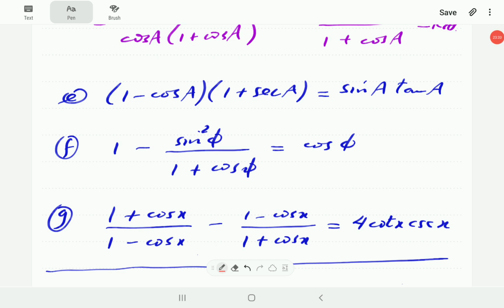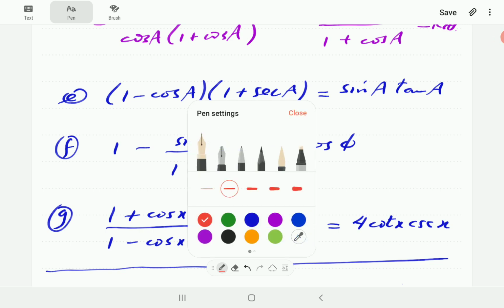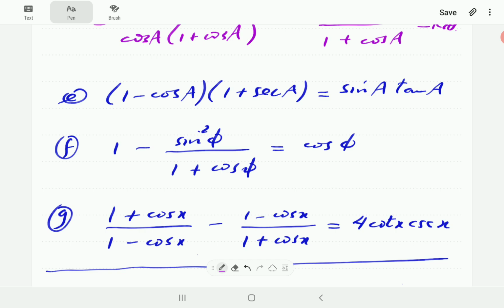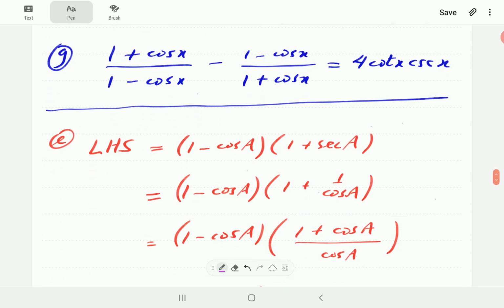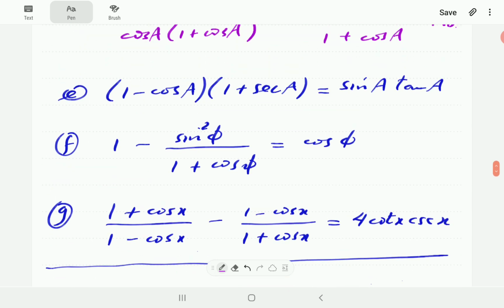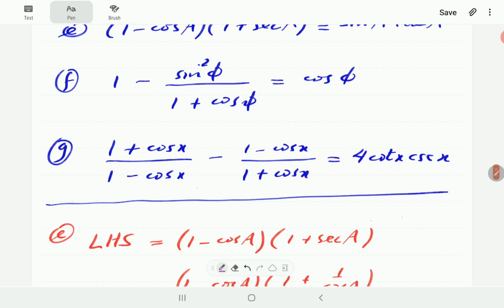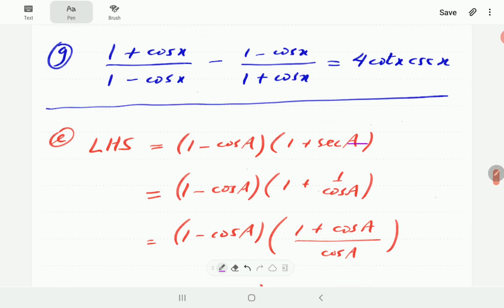Alright, so I hope you've now attempted these. If you haven't, do pause the video and attempt them before you look at our answers. Right, so for E, the left hand side is clearly more complicated, so we're going to start from that side. The first thing I want to do is write this in terms of sines and cosines.